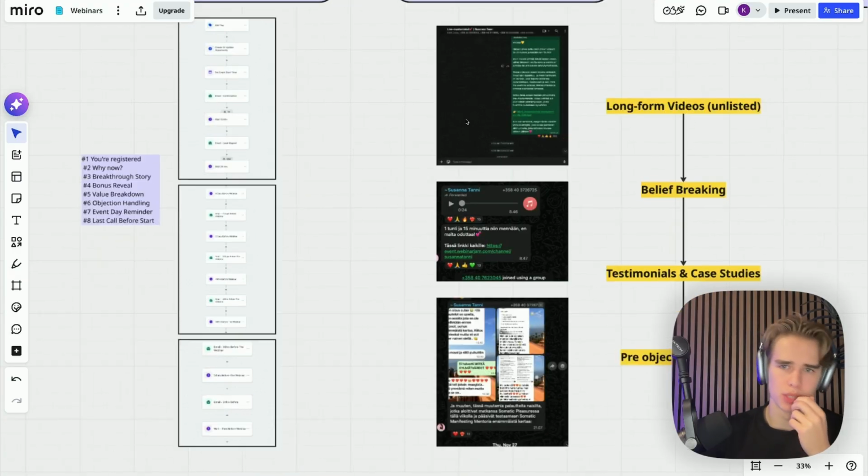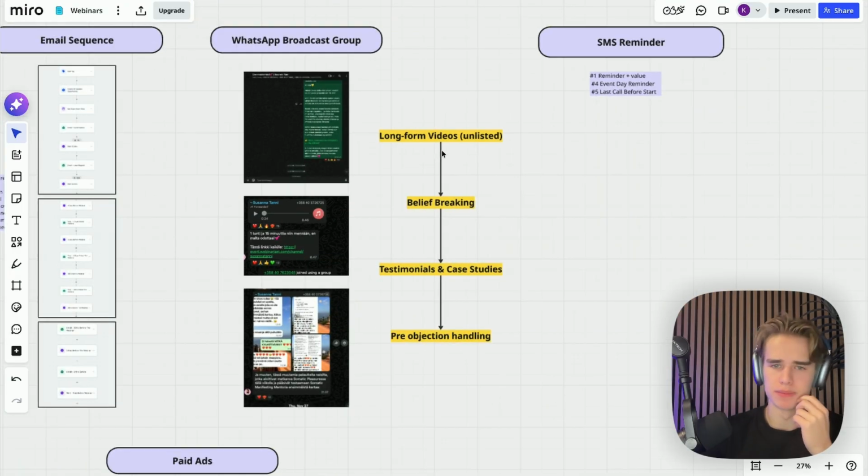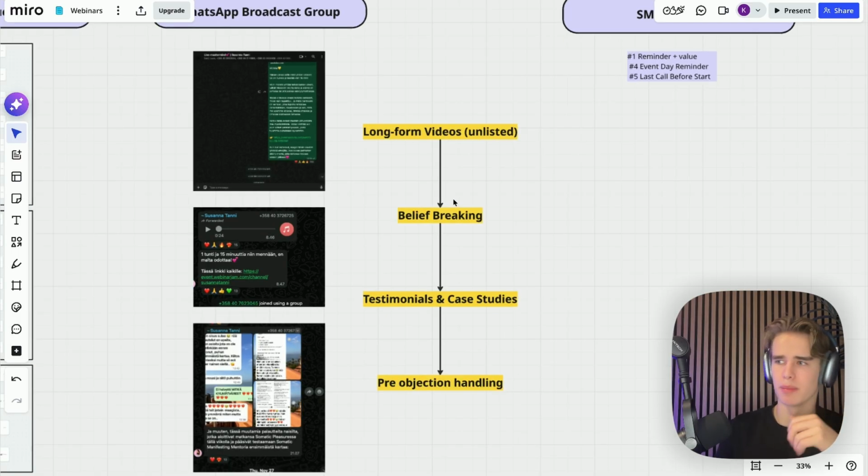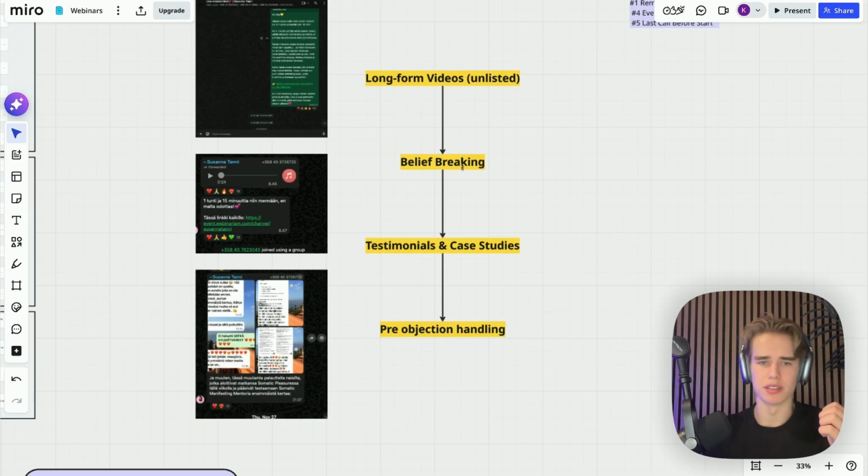And in the WhatsApp group, you should be sending long form, unlisted YouTube videos, breaking down something and just dropping creative value, then belief breaking messages about your method, your industry, just breaking common beliefs, etc. Then testimonials and case studies before the webinar, super important. Any client interview that you have, super important.